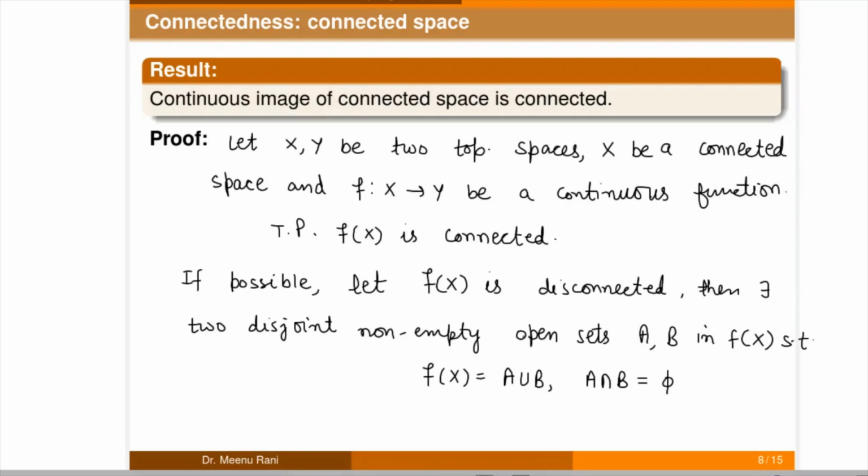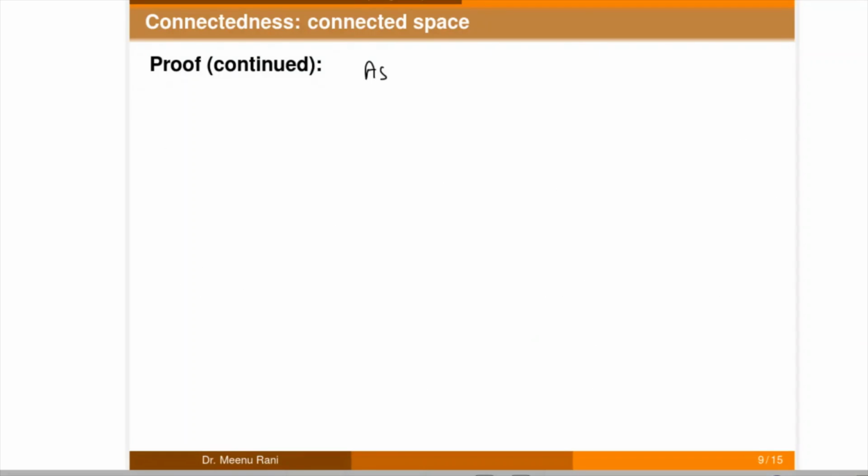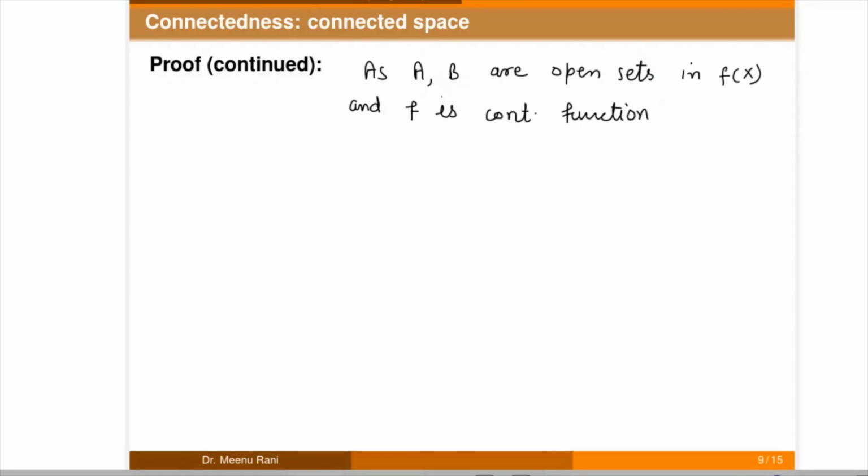As A and B both are open sets in f of X, and f is continuous function, if we take pre-image of these open sets, f inverse A and f inverse B are also open in set X.